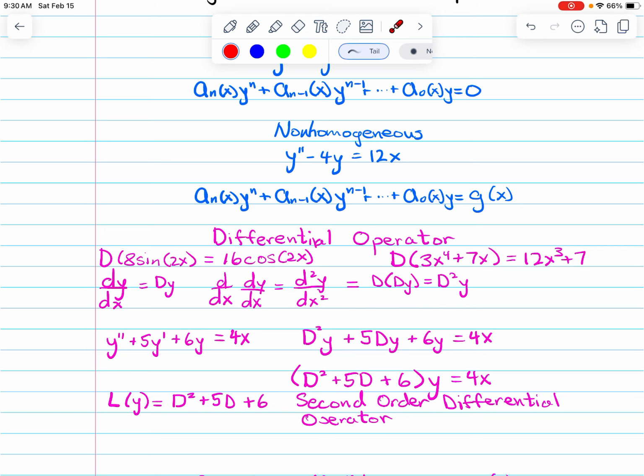And if you look at this differential equation right here, and we wanted to rewrite this using this differential operator, what we would do is say D squared of y, that's the second derivative of y, plus 5 times the first derivative of y, plus 6y equals 4x. And we could factor out the y. Now, notice this part right here.